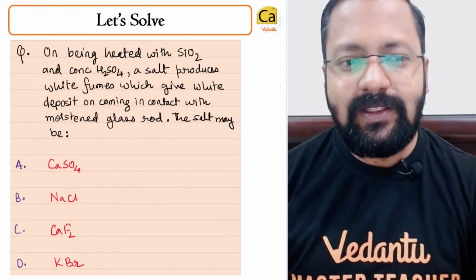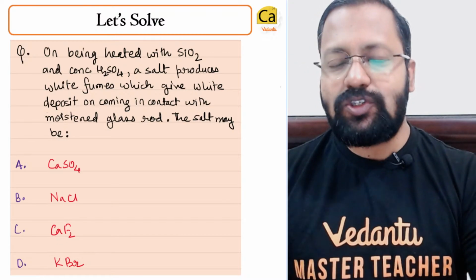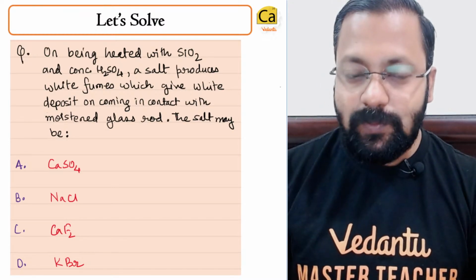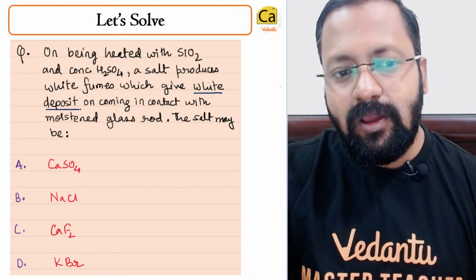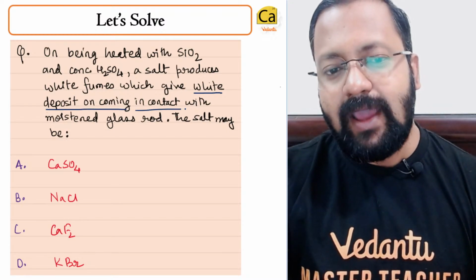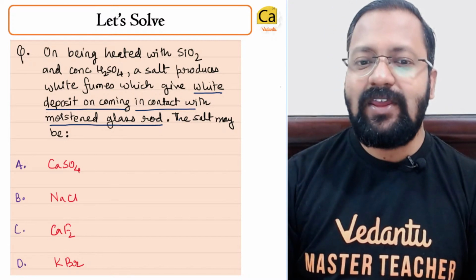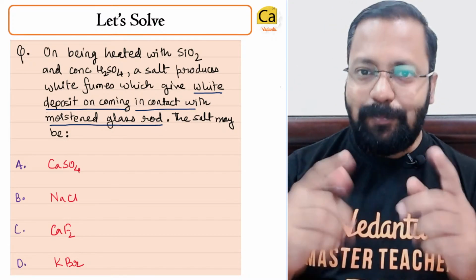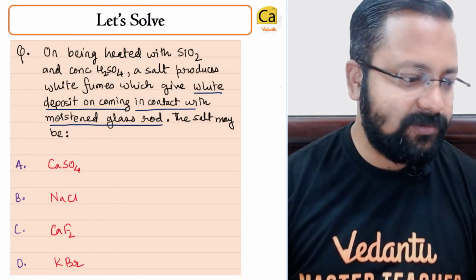On being heated with SiO2 and concentrated H2SO4, a salt produces white fumes which give white deposit on coming in contact with moistened glass rod. White deposit on coming in contact with moistened glass rod.